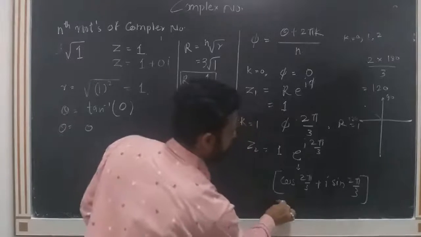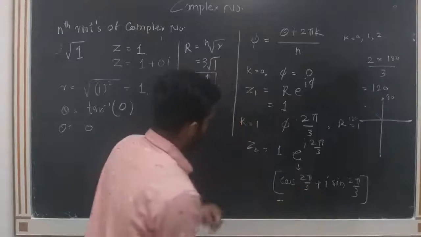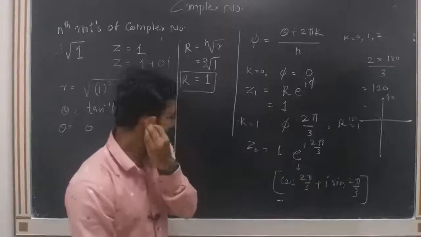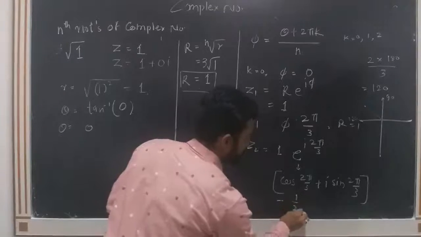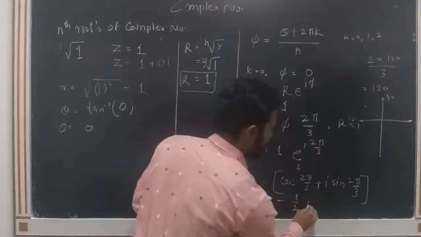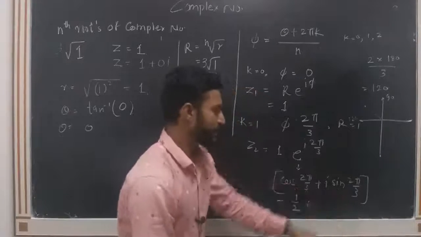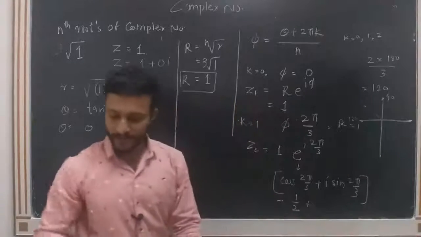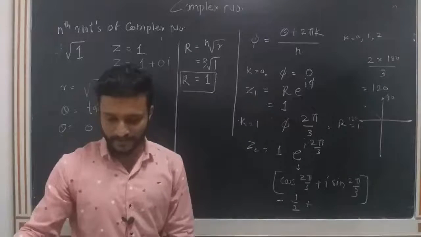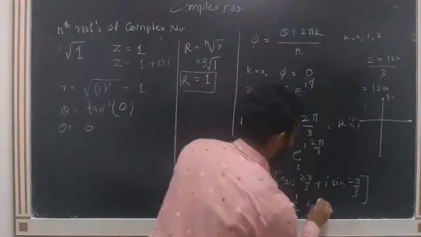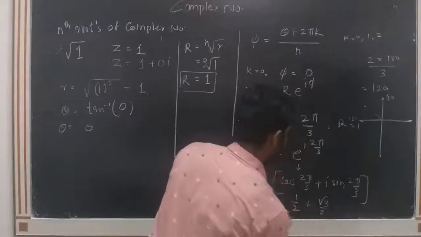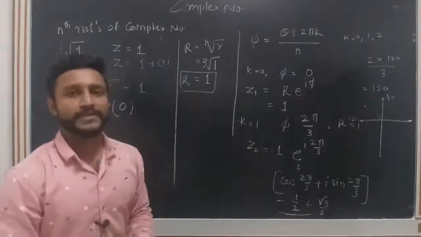So minus, cos 2 pi by 3 is 1 by 2. Only sine is positive, so sine 2 pi by 3 is root 3 by 2. So this is the second root of the complex number.